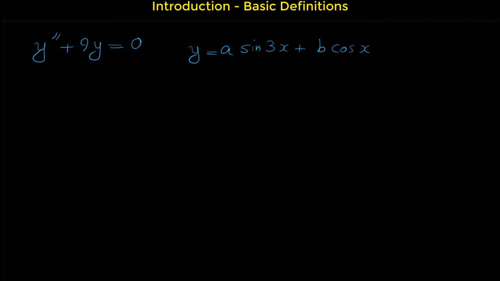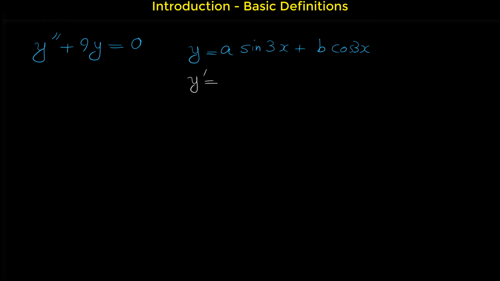Y is given as a sine of 3x plus b cosine 3x. We want to see if this is a solution for this differential equation or not. First, we have to find y prime and then y double prime, because here we have a second derivative and this is actually a second order differential equation.